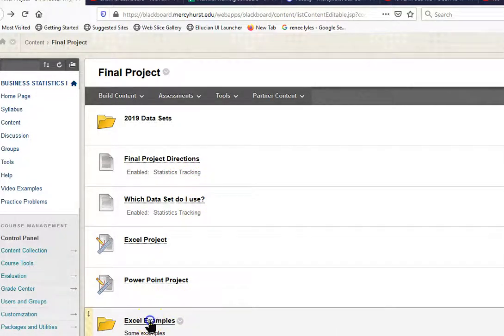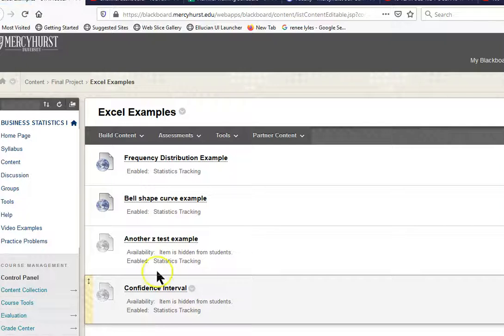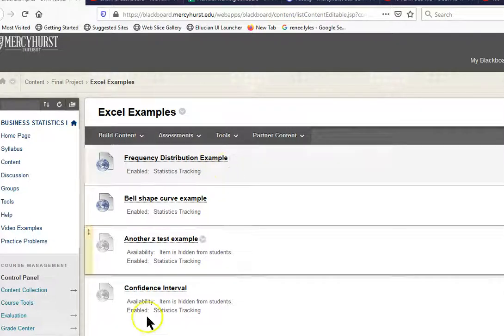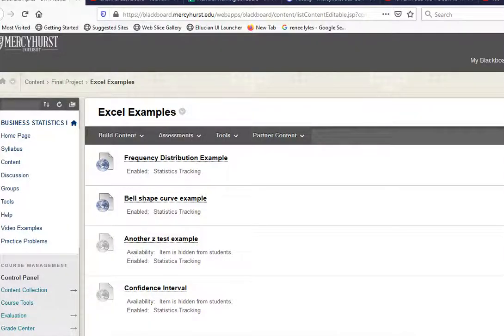Okay, I've got some Excel examples here. Here's a video on how to do a frequency distribution. Okay, so slide one says do a frequency distribution. Here's a video that describes how to do a frequency distribution. Okay, so know that.